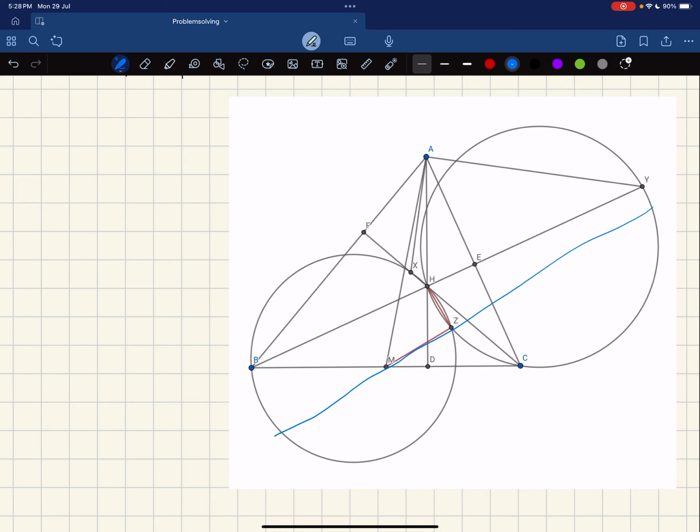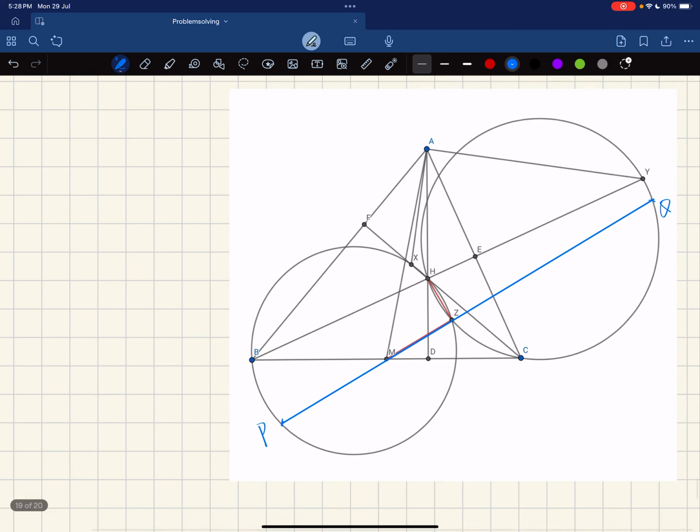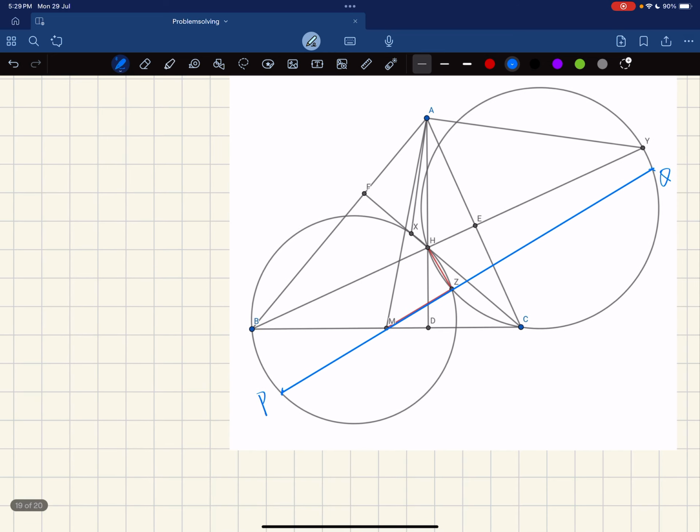My original thought is this one. If we make this line MZ, let it make the intersections P and Q, right? So we try to prove that PH or HQ is the diameter of one of the 2 circles, or we try to prove that the angle PBH equals 90 degrees, or the angle QYH equals 90 degrees, so that we can make it.